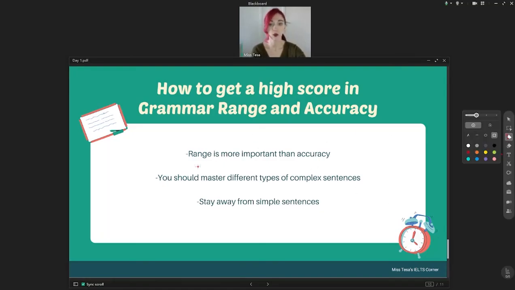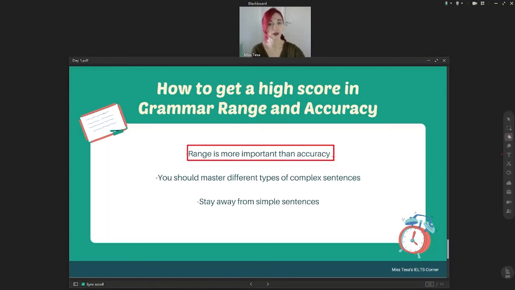Basically, what you want to remember is that range is more important than accuracy. If you want to get a 7 in grammar, you can still make mistakes. I mean, of course, it would be great if you don't make mistakes, but you can still make mistakes even for a band of 7 in grammar.